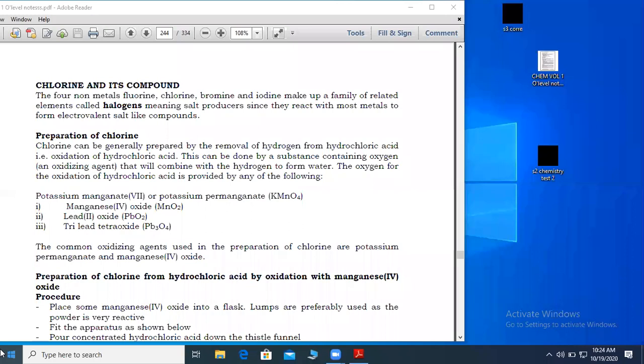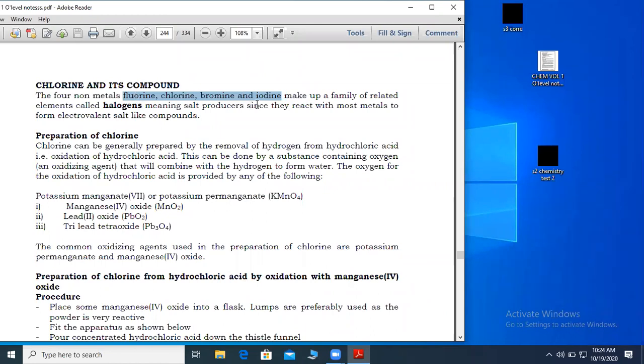Chlorine is a group 7 element, and you know that. So group 7 elements include fluorine as the first one, chlorine, bromine, iodine. But among these 4, in O level, you are only restricted to study the chemistry of chlorine.